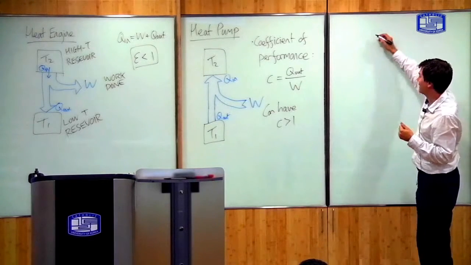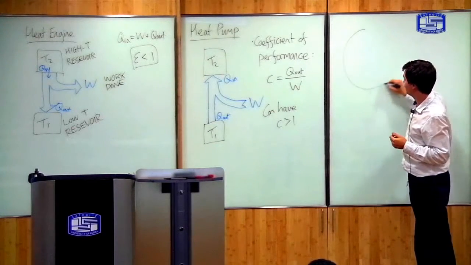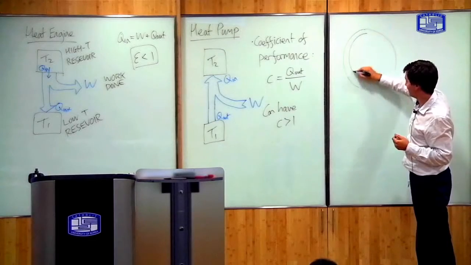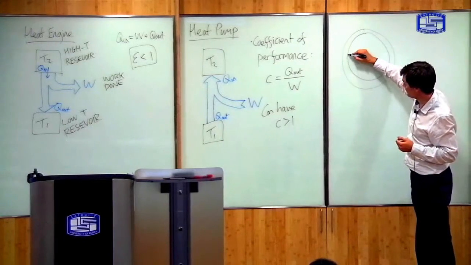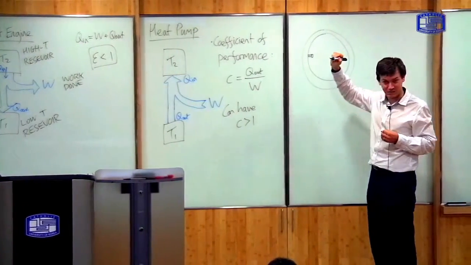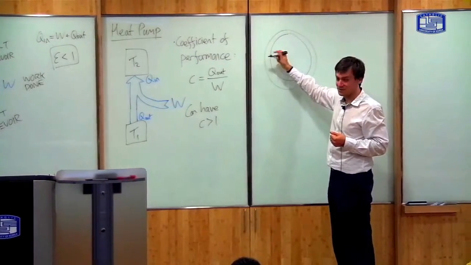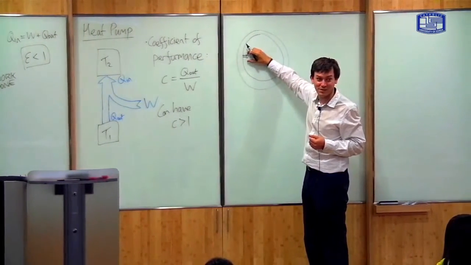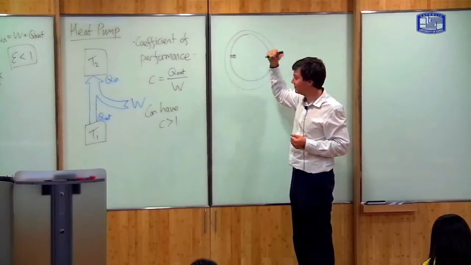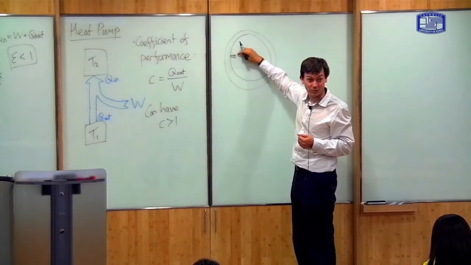So you can imagine it in this way. If I take a bike tire like this, and it's got a valve where you put the air in, right? So if I pump the air in, then this valve becomes hot. And if I let the air out, then this valve becomes cold.